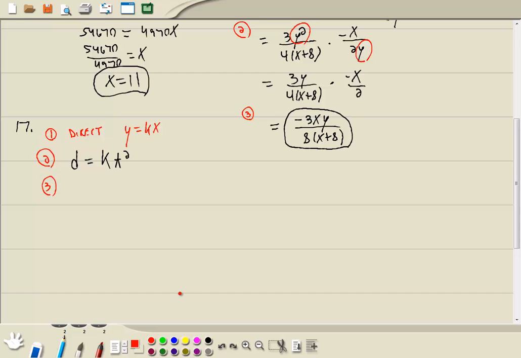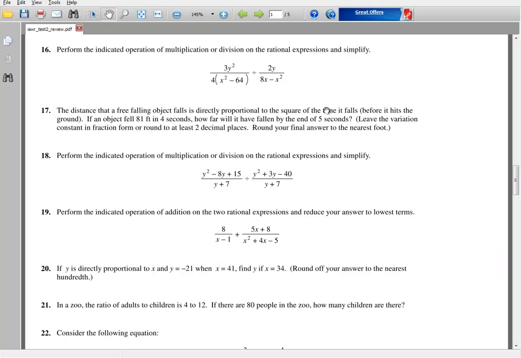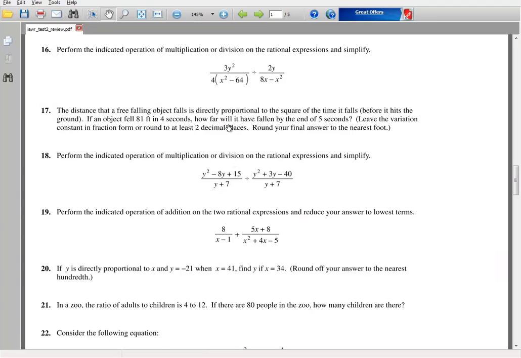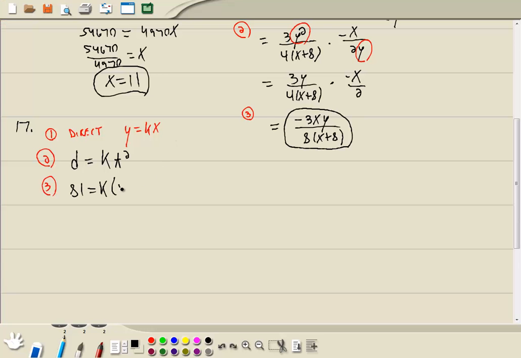Step 3, look for your one example. If an object fell 81 feet, so 81 is the distance it falls, so 81 is our d. If an object fell in 4 seconds, so I'll put 4 in for my time, keeping in mind this is in seconds.